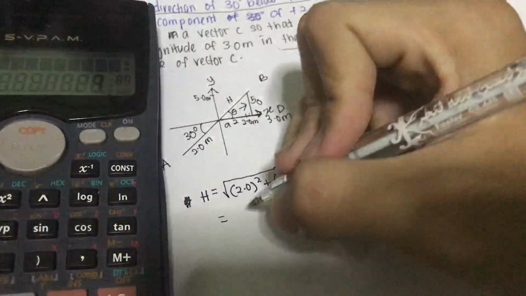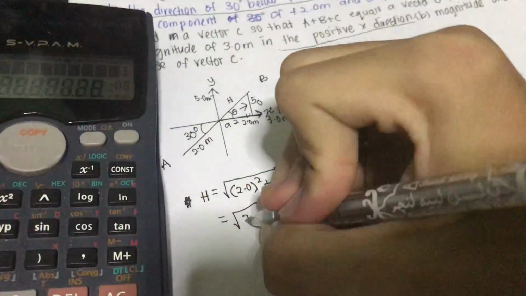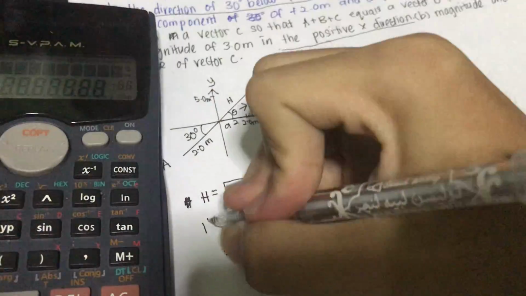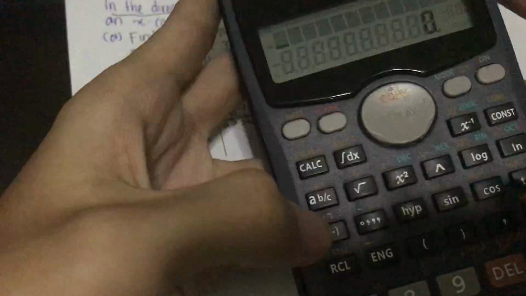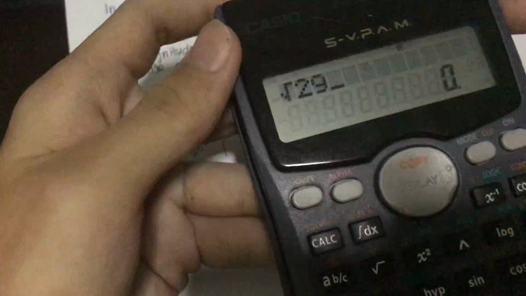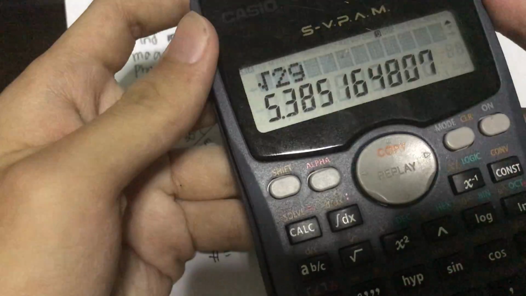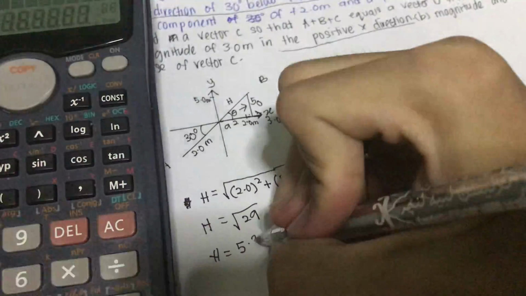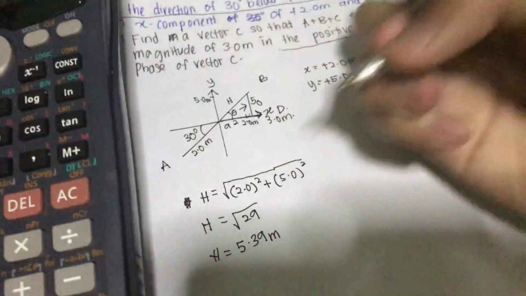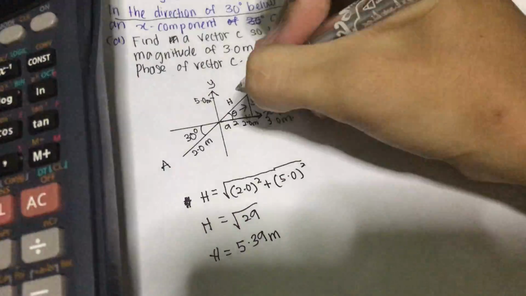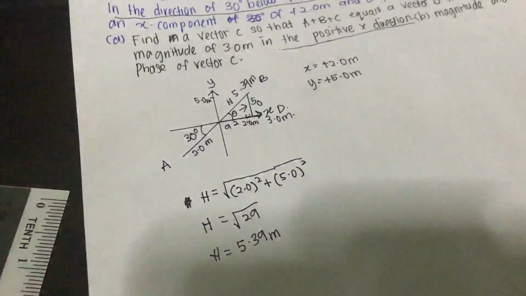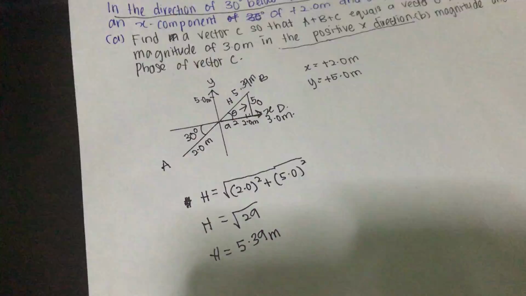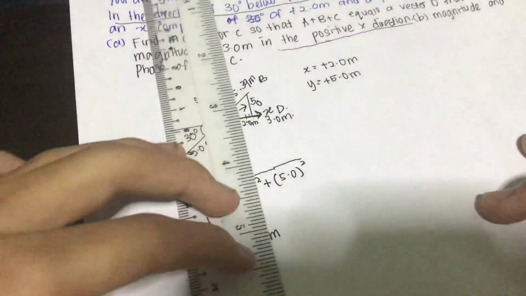So the square root of 29 gives 5.39 meters for the hypotenuse of B. So this is 5.39, and next we go to find vector C.